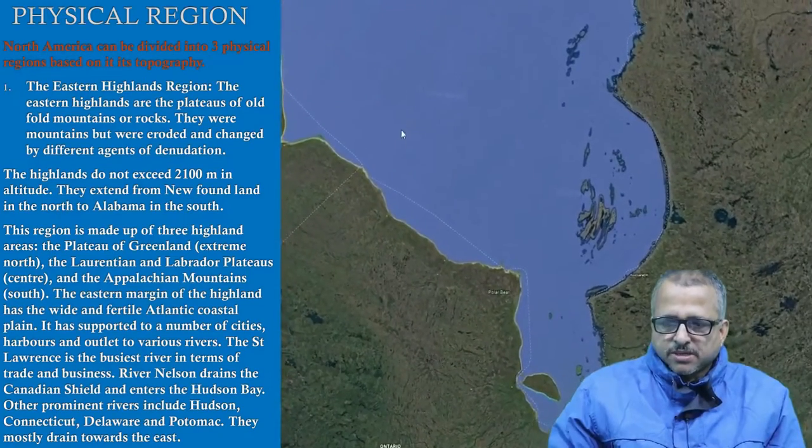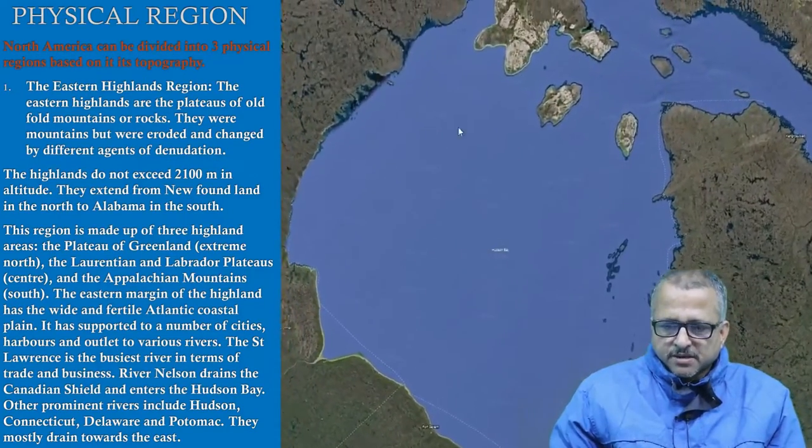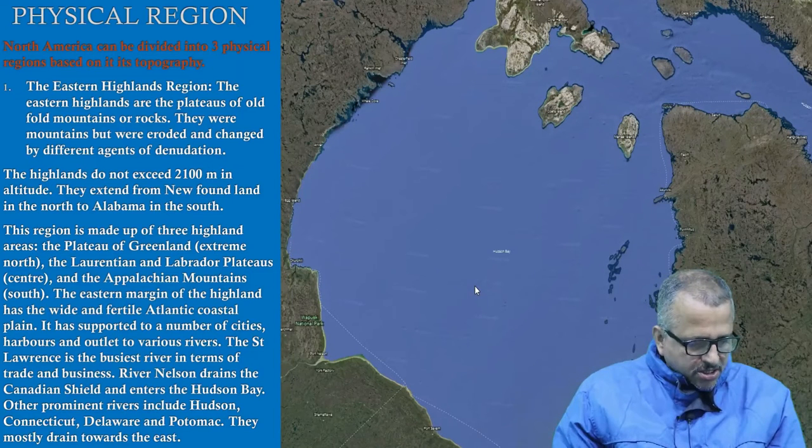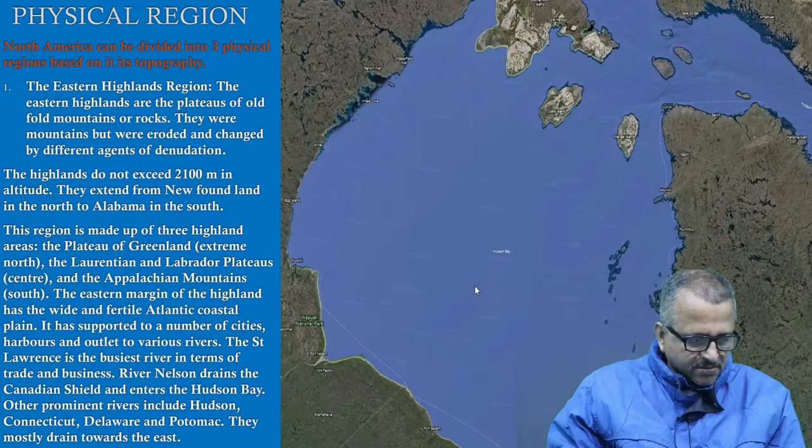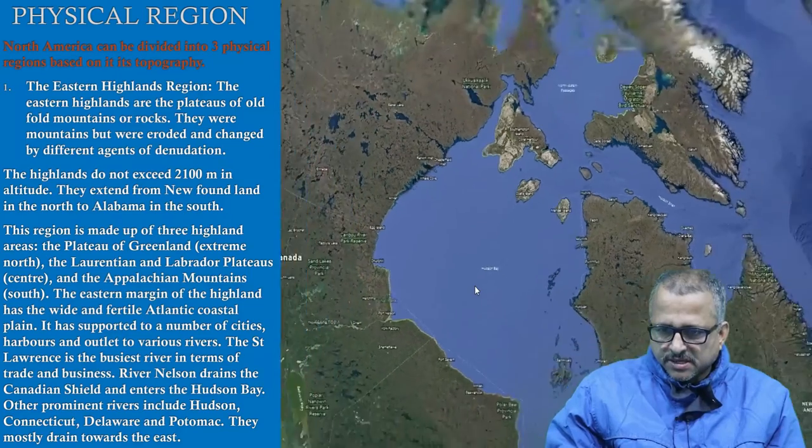This one is the Hudson Bay, which lies in the northern part of Canada. Here Connecticut, Delaware, and Potomac are the rivers. They mostly drain towards the east, and the river which I told you about, the Nelson River, drains into the Canadian sea, where it lies in Hudson Bay. Okay, this Hudson Bay in the Canadian sea.